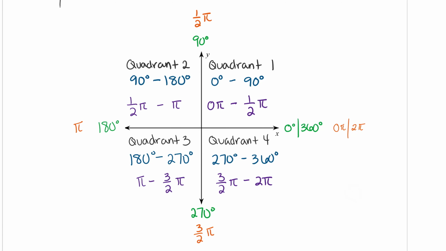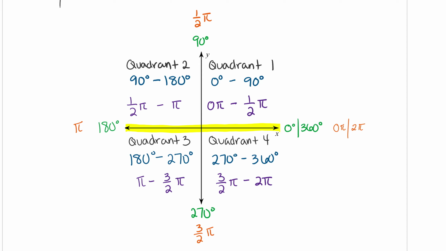Okay. That way, no matter what angle you are given for this type of question, for reference angles, you should be able to figure out which quadrant it is in. And again, reference angle is how far from that given angle to the x-axis right here. So no matter where I am, I should be going to 0 or 360 degrees, or 180 degrees.